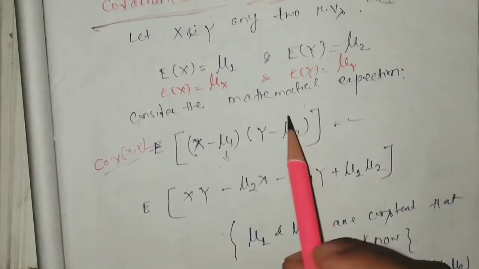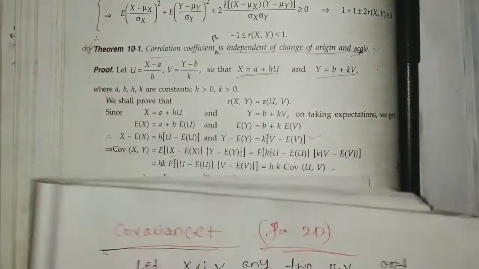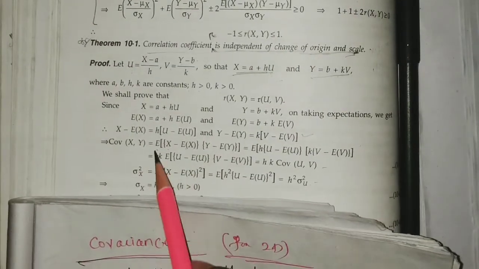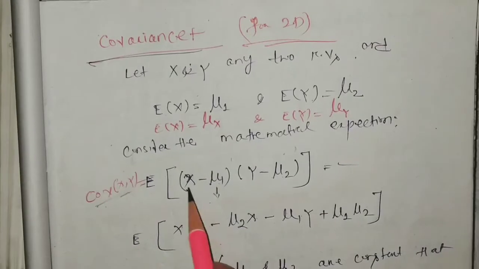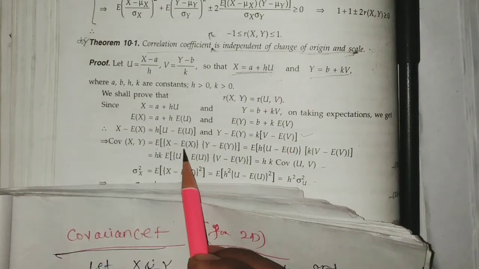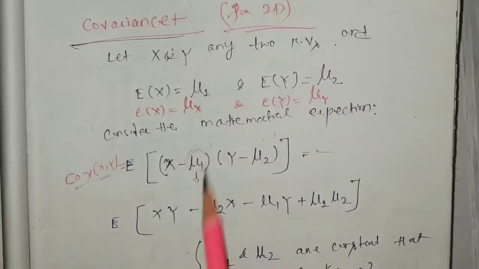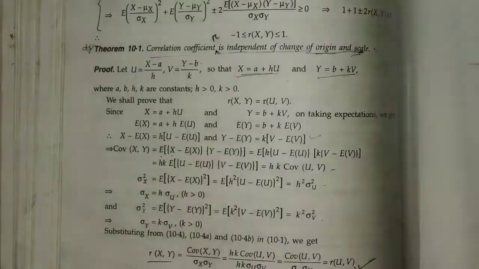Here mu1 and mu2 are nothing but the expectation of x and the expectation of y, okay.